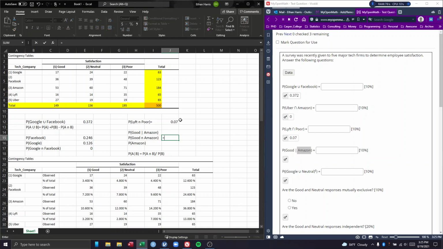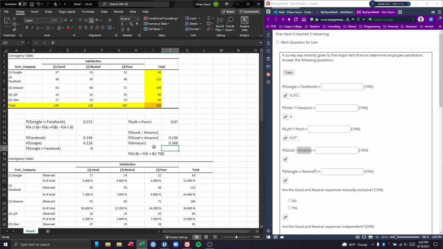So good intersect Amazon. Let's look at good and let's intersect it with Amazon. So we've got 53 divided by 500. Let's just type that out. 53 divided by 500 for good intersect Amazon. The probability of Amazon is equal to the marginal total, 184 total who responded as Amazon, divided by our grand total.